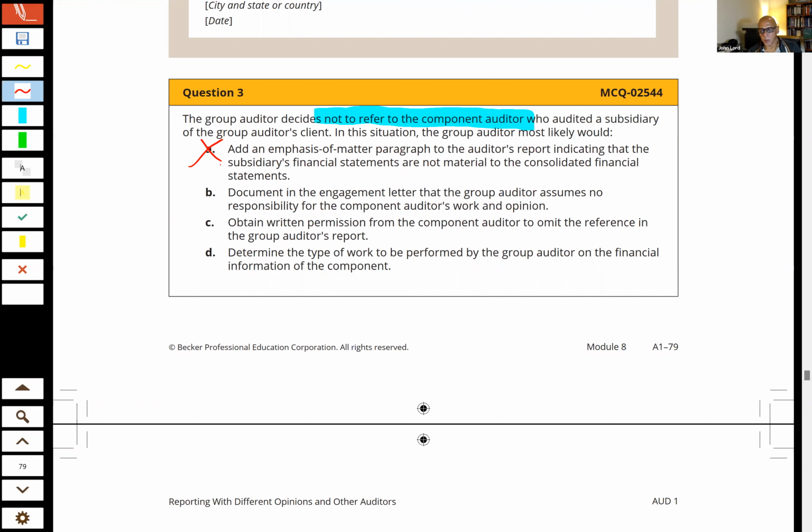Okay. The decision to refer or not refer is made at the beginning of the audit, not the end, because we treat those two situations differently. So we can't decide at the end not to refer to them and then go back and do what we should have done in a situation where we're not referring.